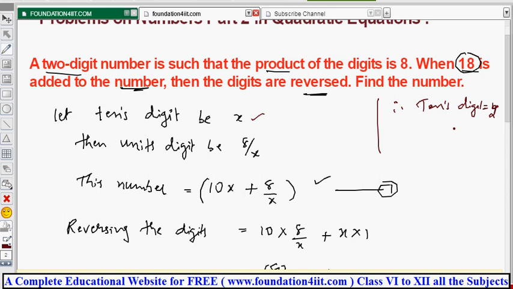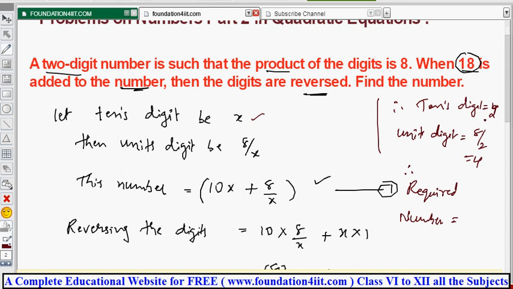So the tens digit is 2, then the units digit is 8 by x. So 8 by 2 is equal to 4. Then the required number: the tens digit into 10 plus the units digit into 1.